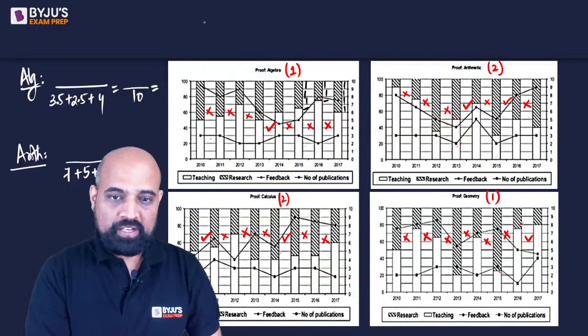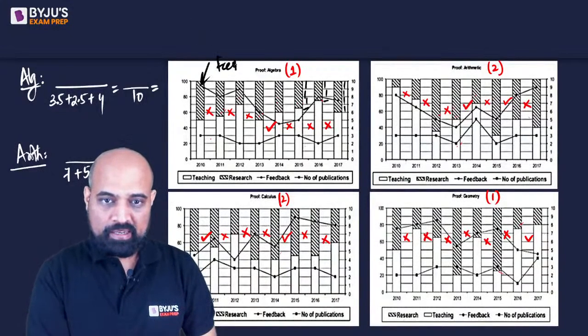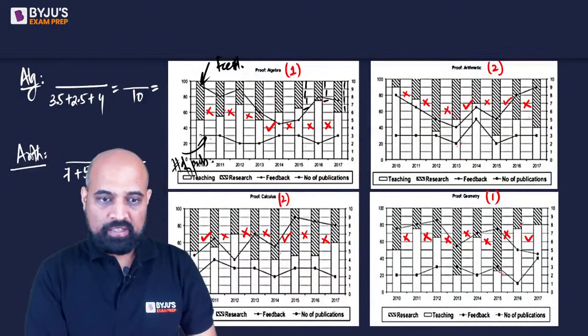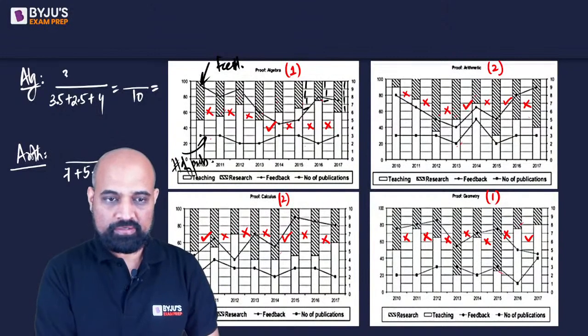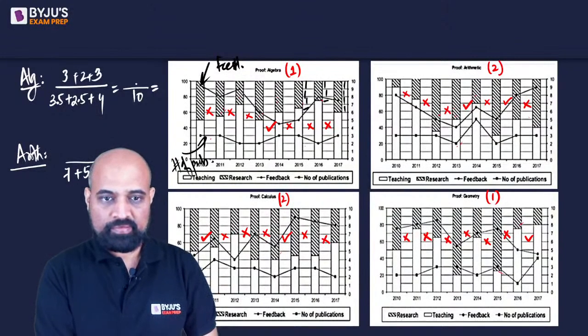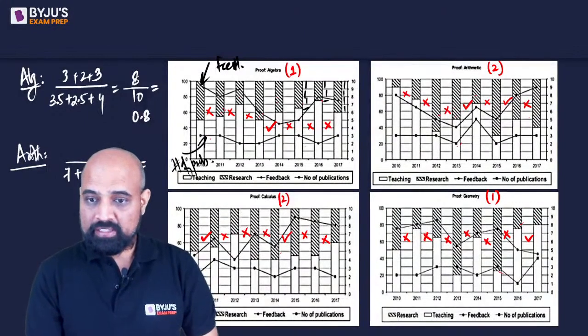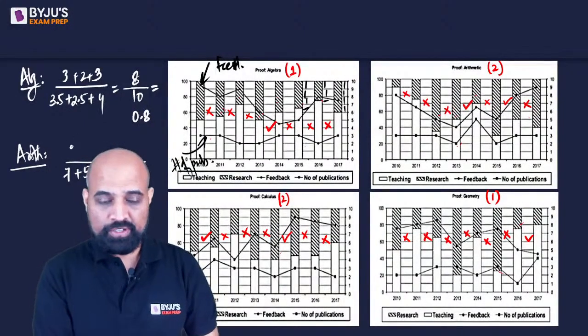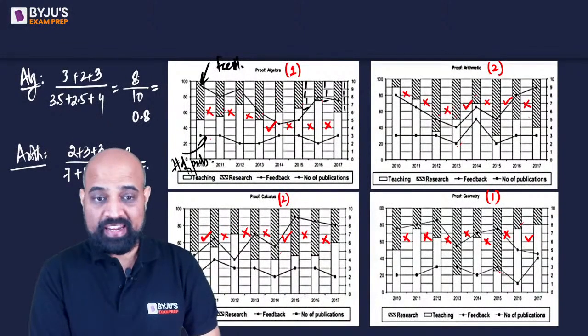The top one is the feedback and the bottom one is the number of publications. So in Algebra this is 3, 2 and 3. 8 upon 10, which is 0.8. In Arithmetic this is 2, 3, 3, which is 8 upon 18, which is 0.4 bar.